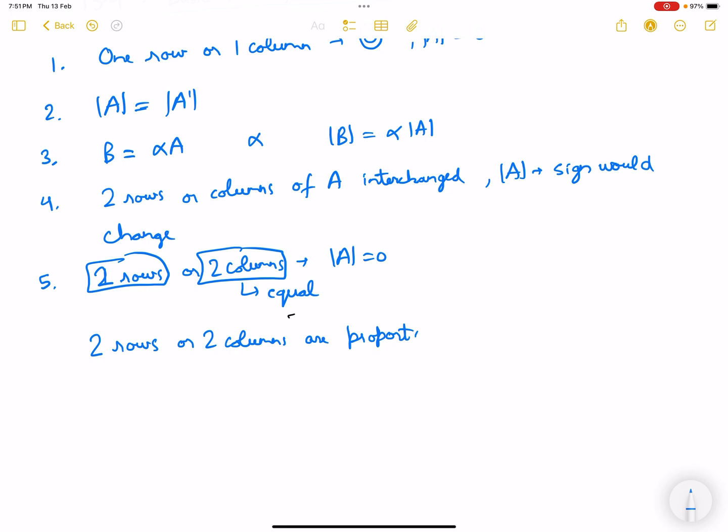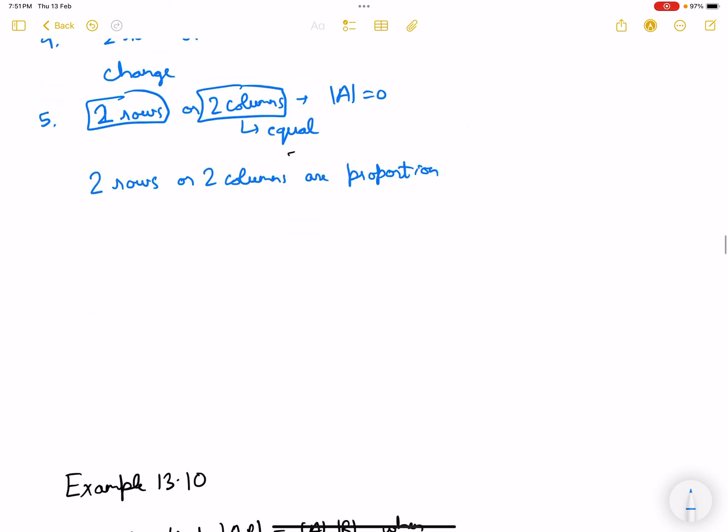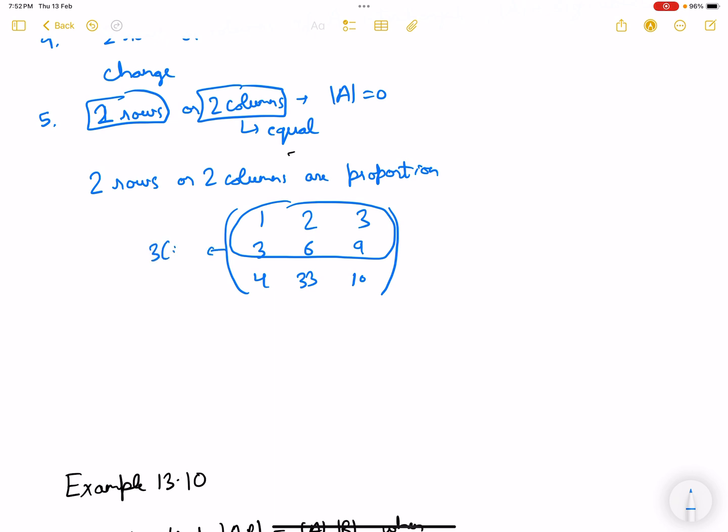So suppose we have a row 1, 2, 3 in a 3 cross 3 matrix, and the second row is 3, 6, 9, and here it is suppose 4, 33, 10. Since these two rows are proportional, the second row is 3 times row 1. So in this case, the determinant of A would be 0.